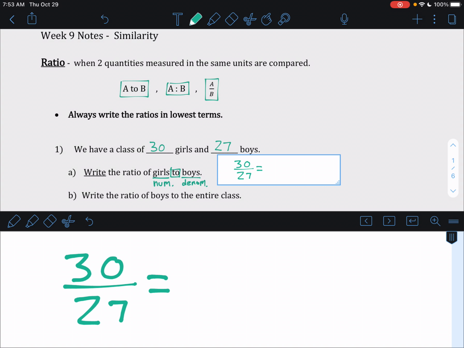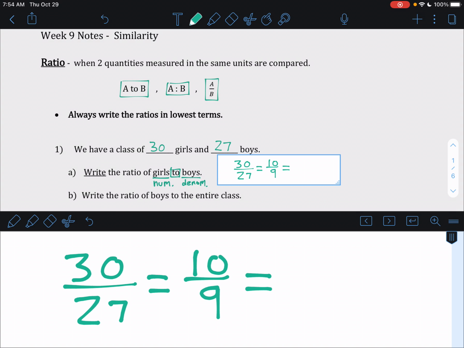But I know that 3 goes into both 30 and 27, so I divide both of them by 3, and I get 10 over 9. And I can't reduce that anymore, so my answer would be 10 over 9. So the ratio of girls to boys in my 2 geometry classes is 10 over 9, or 10 to 9.